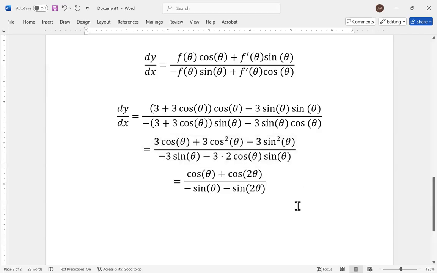But there you go. And just like we've done before, if you wanted to plug in a certain value of theta and see what the slope of the corresponding tangent line would be, you could do that. If you wanted to find horizontal tangent lines, you'd figure out when the slope was 0. So when this was equal to 0.